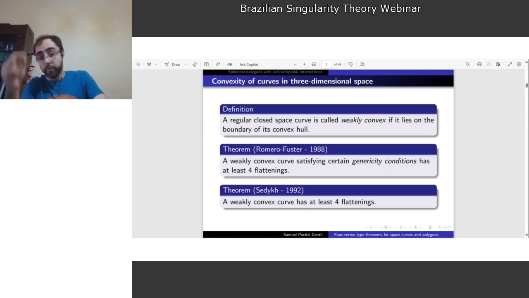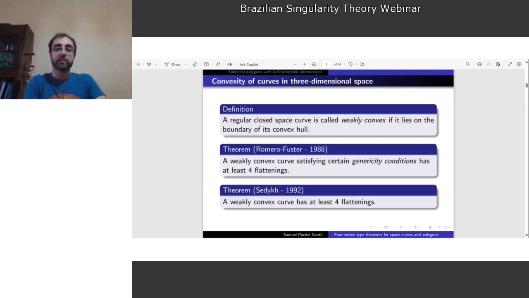Maria del Carmen Romero Fuster, who was a professor in Valencia and São Carlos, if I'm not mistaken, proved that a weakly convex curve satisfying certain extra conditions, which I will not discuss in detail here, but we will call genericity conditions, must have at least four flattenings, i.e. four points at which the torsion vanishes. And four years later, Pacitti proved that a weakly convex curve, even without these extra conditions, must have four flattenings.